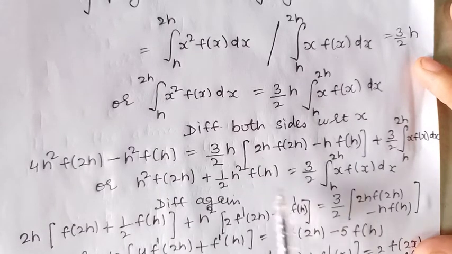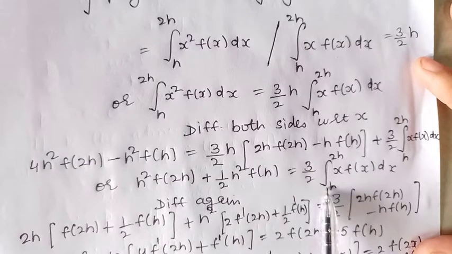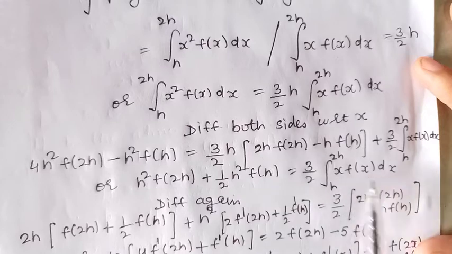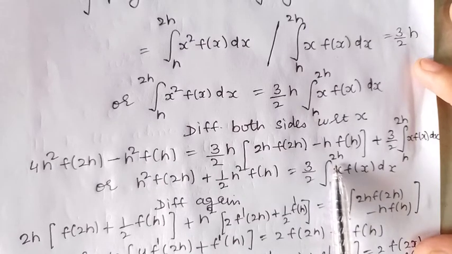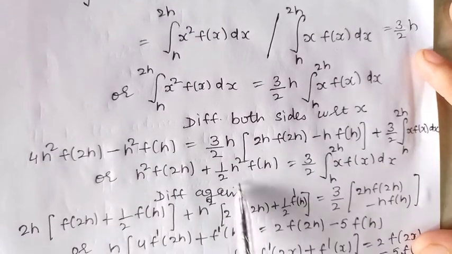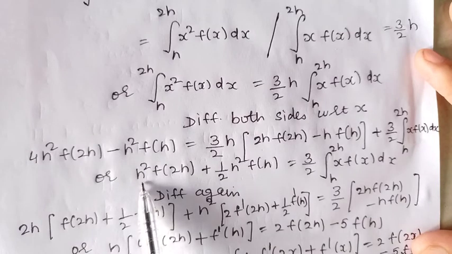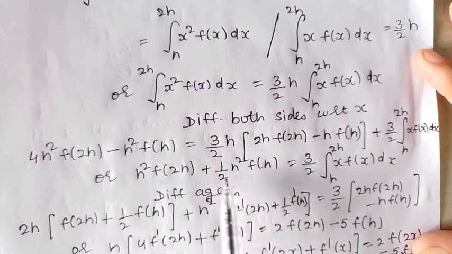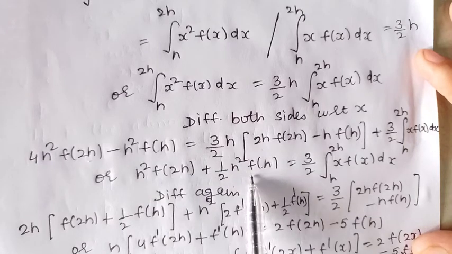is equal to 3 by 2 times the integral of x into f of x between the limits h to 2h. Now again differentiating here, we can consider h square as the first function and f of 2h plus half f of h as the second function.